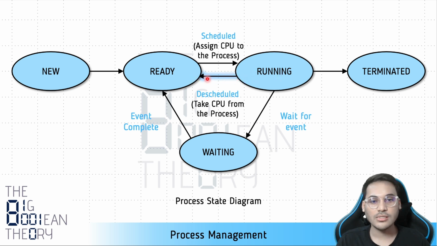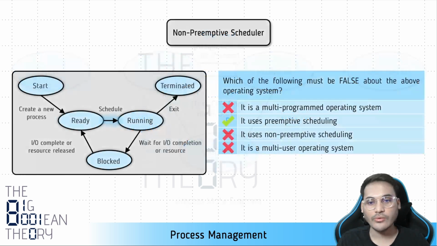If this transition is present, then you can say that the scheduling policy is preemptive in nature, because when this transition happens, the running process is being descheduled, that is, the control of the CPU is being taken away from the process. So this transition is very important. If you see it in a transition diagram, then you can definitely say that the scheduling policy is preemptive. But since in our case this transition is missing, we can say that this is a non-preemptive scheduler.